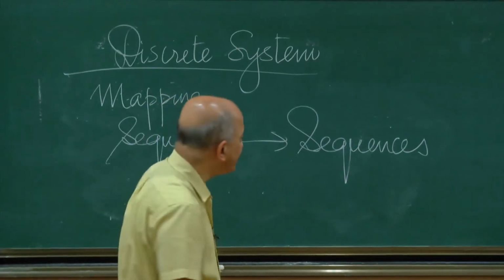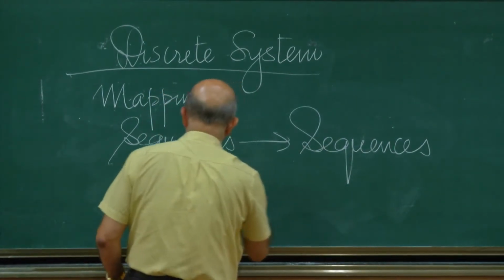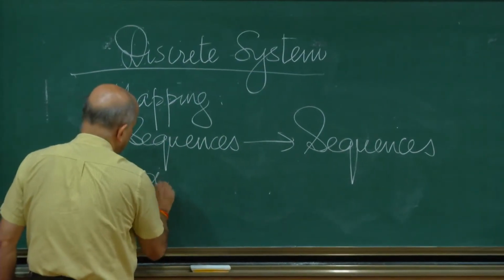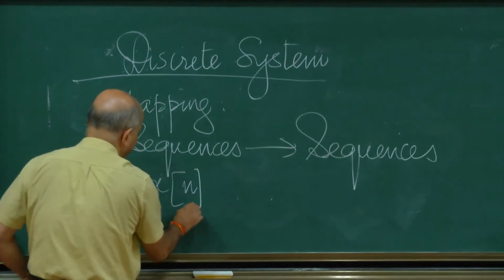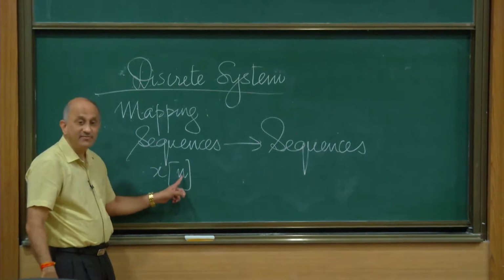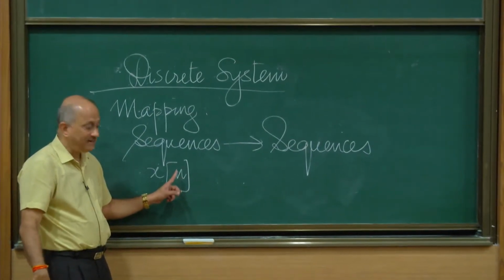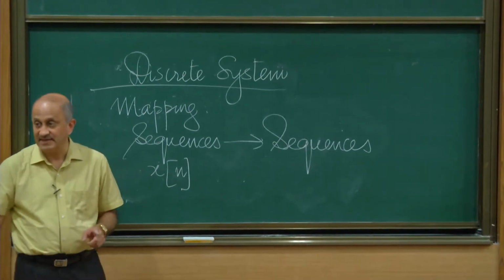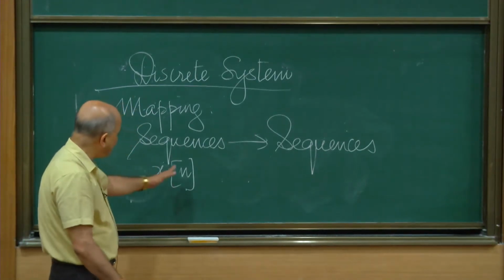Now, how will we denote a sequence? For example, we could denote a sequence like this. We use the square bracket to write the independent variable here. The independent variable is n, which is of course an integer, and x is the name of the sequence.